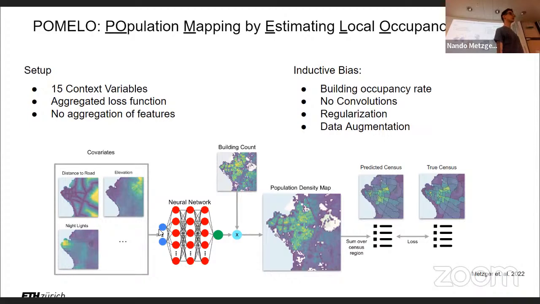Yes. But it doesn't use any information about translational... Yeah, there is no texture, no spatial correlation. How do you deal with this? I mean, how do you make sure that if you shift your distance to the roadmap over by 1 pixel, that it doesn't lead to... I'm not sure if I understand correctly. You mean, what if one of the covariates is misaligned?